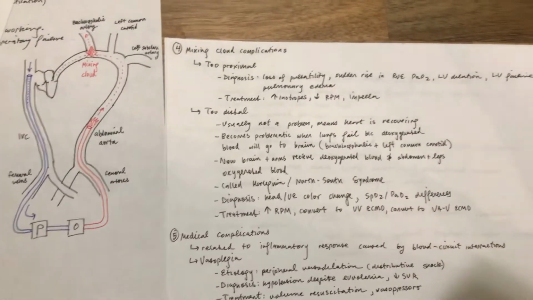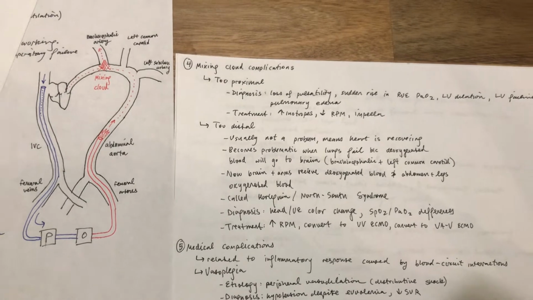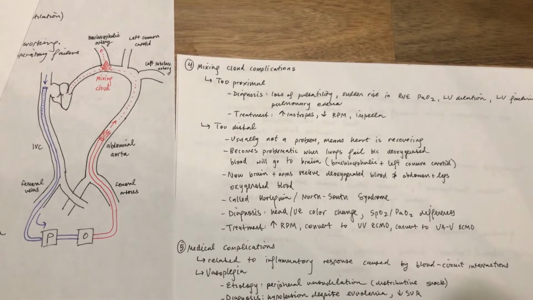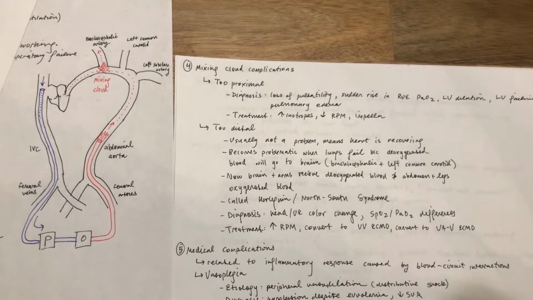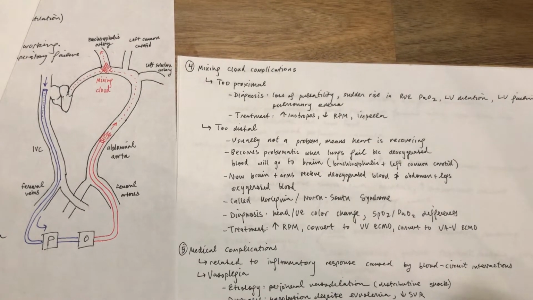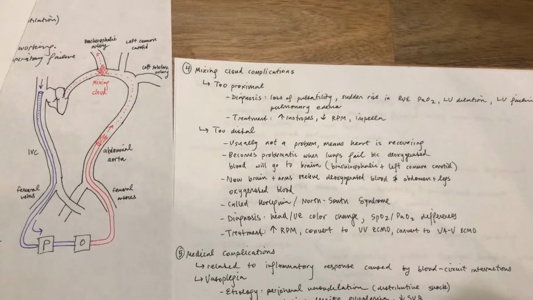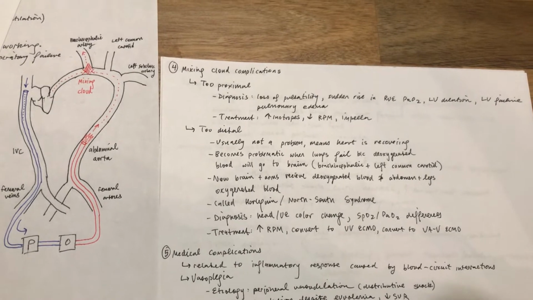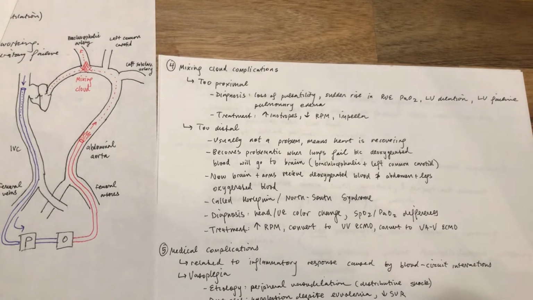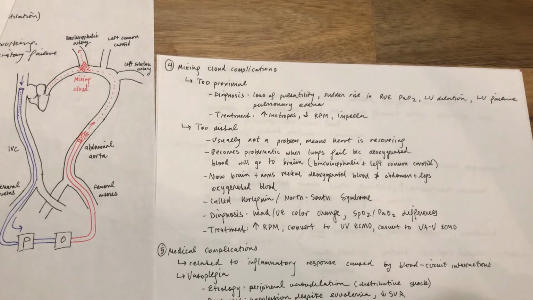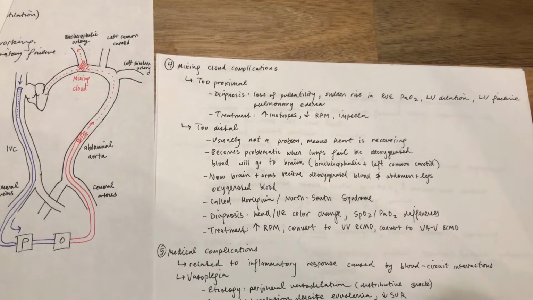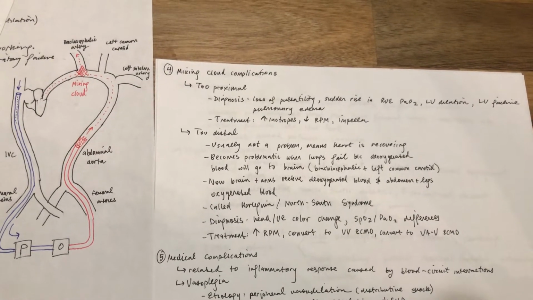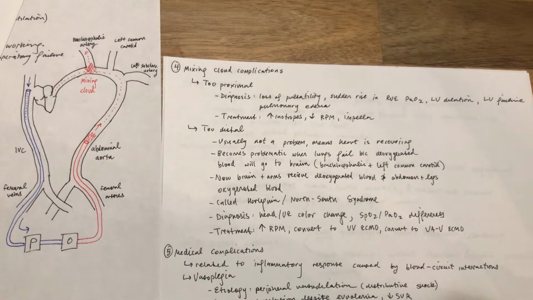diagram. And so the mixing cloud, what can happen is that if it becomes too proximal, so it goes between the aortic valve and the brachiocephalic artery, what we'll see is a loss of pulsatility, a sudden rise in the right upper extremity PaO2, because this is again pure oxygenated ECMO blood, so its PaO2 will probably be in the 3, 400, 500 range.